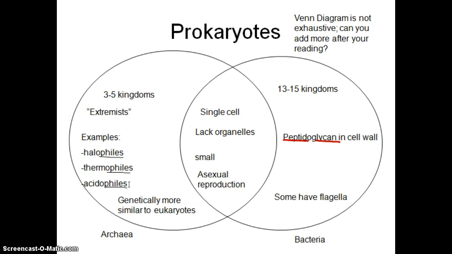But like we already did with our flashcards that we made, we know that there's other organisms that are also single-celled. There's some protists that are single-celled, and actually some fungus, specifically yeast, that can be single-celled. So although prokaryotes are considered single-celled, there are other organisms that can be single-celled.